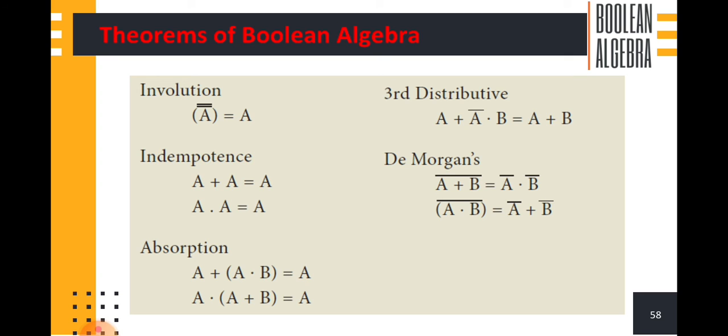In the second part we discussed Boolean algebra: who developed it, why we need it, how to draw logic gates, what the different types of logic gates are, and how logic gates produce the output. At last we discussed the theorems of Boolean algebra.